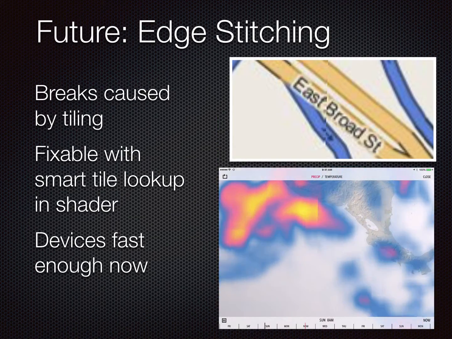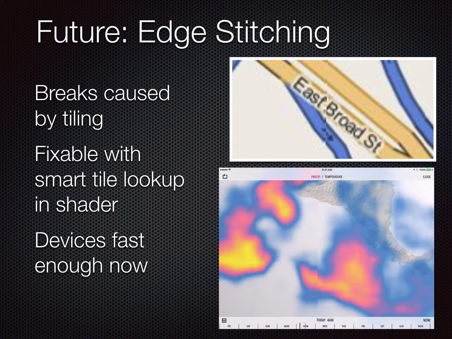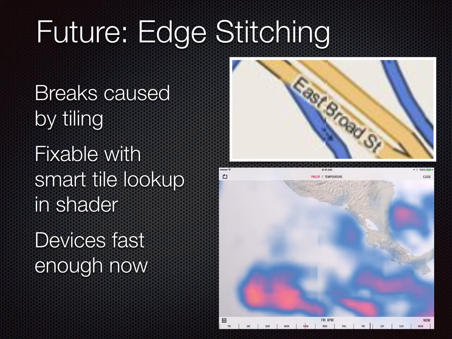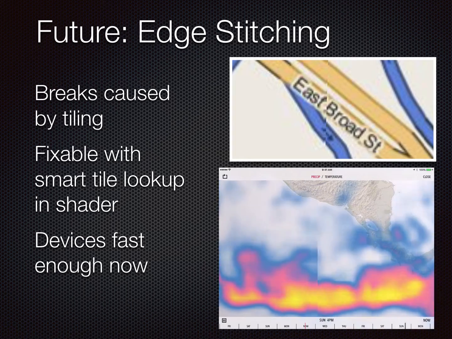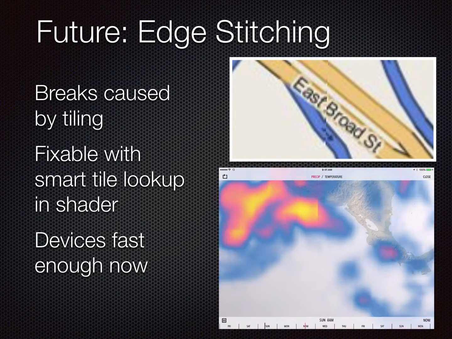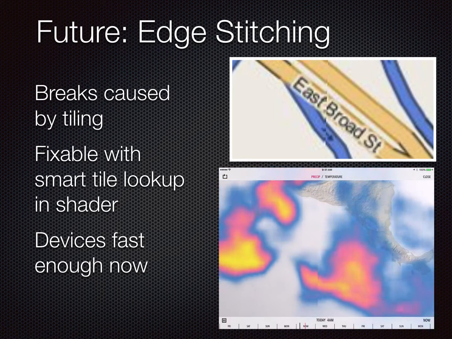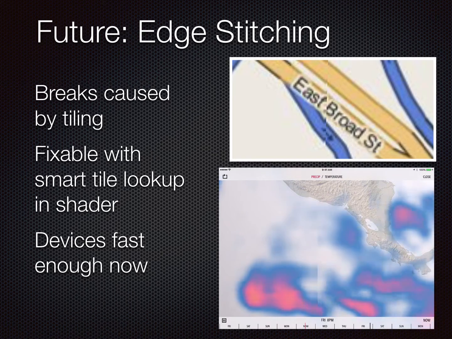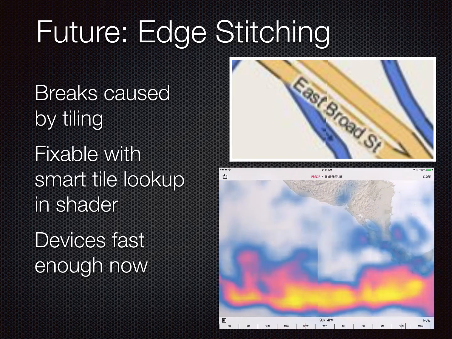Another feature we'd like to fix in the toolkit is edge stitching. Now here's the problem that is causing this. If you take a big map or a big chunk of radar data and you chop it up into little pieces and you send those pieces to a mobile device, if you stitch those pieces back together exactly as they were, it'll look good. But if you do anything even a little bit different, you're going to see problems.